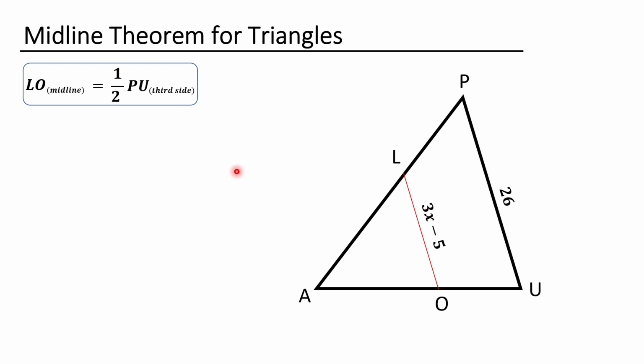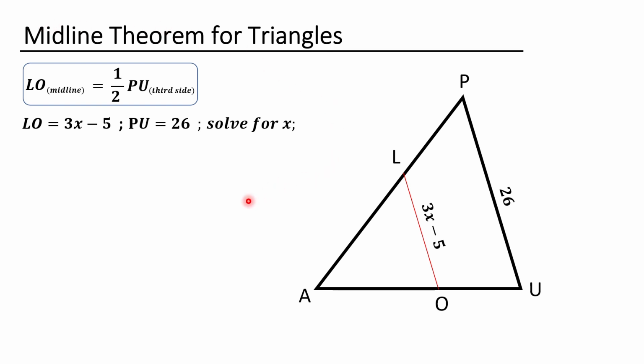So, now, let's put the given. We have LO, which is equal to 3x minus 5, and we have PU. Right? PU is equal to 26. This time, we are asked to solve for x. So, using this theorem, we know that this is the formula we formulated using the theorem of the midline.